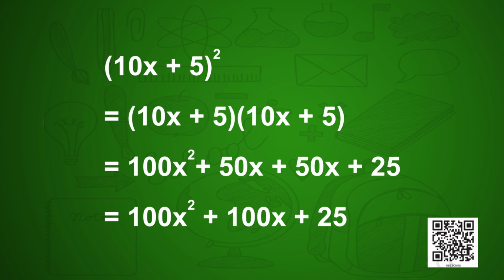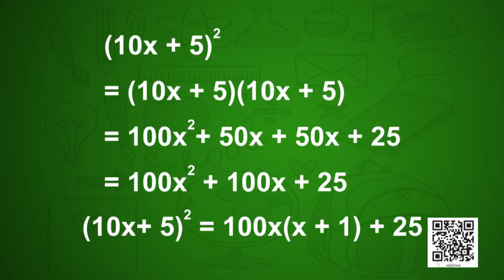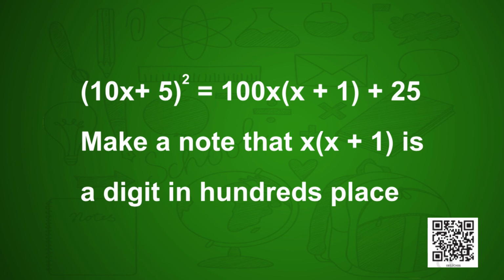Now, by simple calculation, we get 100x square plus 50x plus 50x plus 25, which is nothing but 100x square plus 100x plus 25. So, we will take 100x common from the first two terms, which will give 100x times (x plus 1) plus 25. So, we can write (10x plus 5) whole square as 100x times (x plus 1) plus 25.